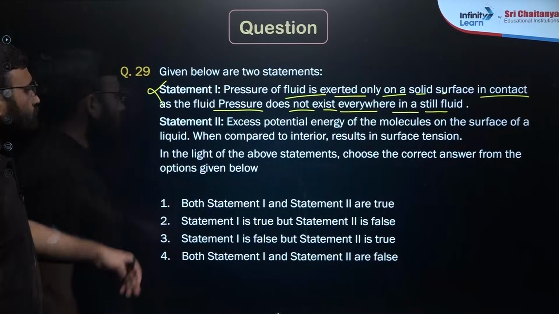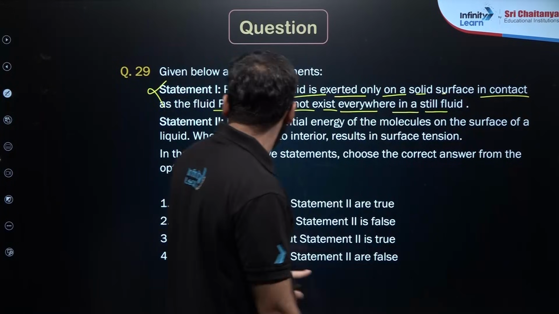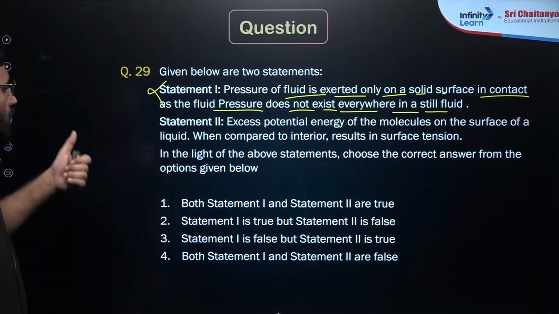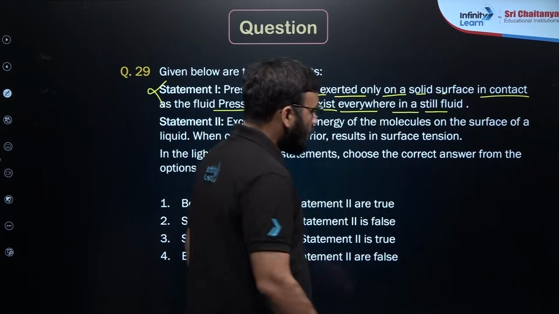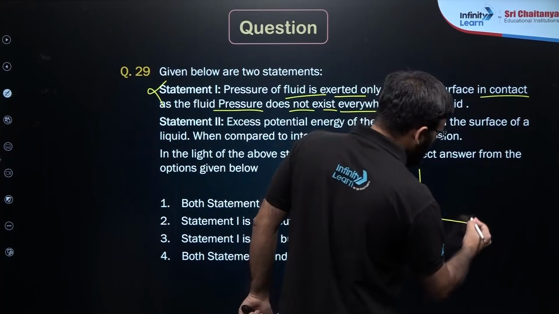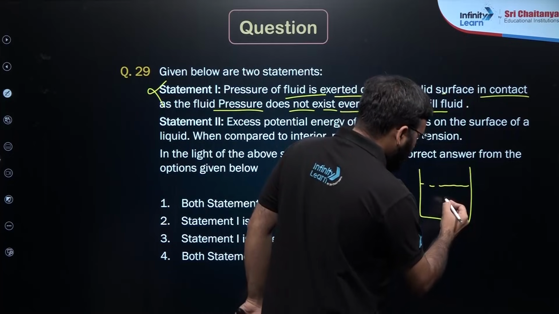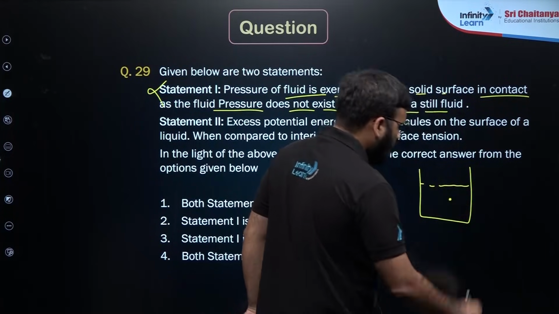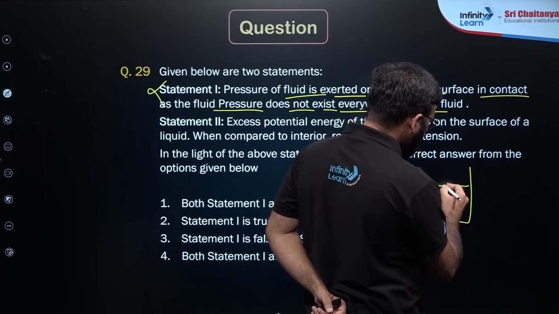Okay, statement 2. The excess potential energy of the molecules on the surface of a liquid when compared to the interior results in surface tension. Okay beta, if this is my container and it is filled up to here with some liquid, consider one molecule at the surface.